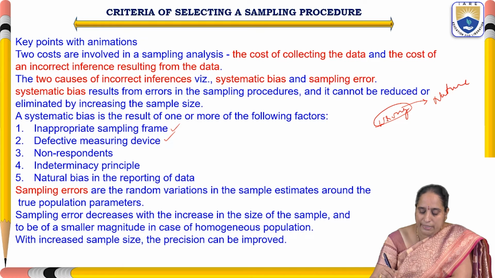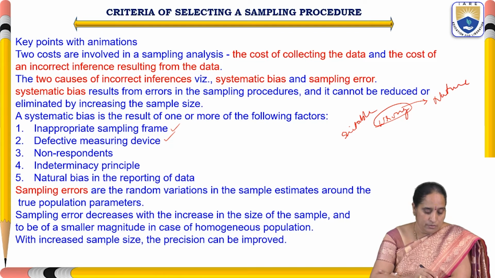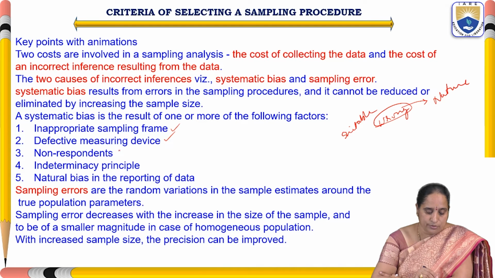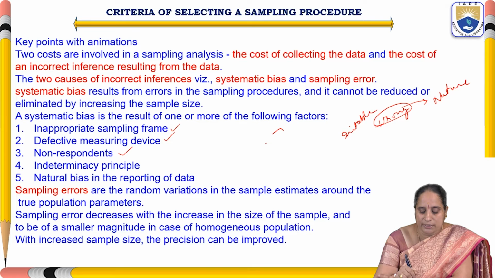We have to apply a suitable method to select a sample, which helps in avoiding systematic bias. The next one is non-respondents. It doesn't mean that whoever you include in the sample, each and every sample unit, will respond to our questions.